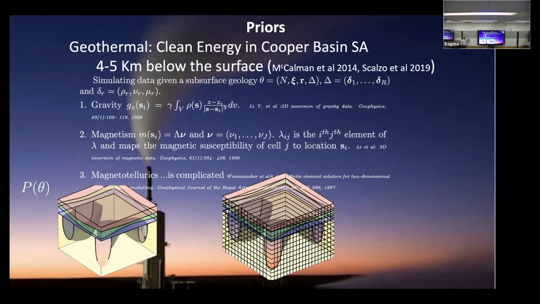This is why the rock properties, if we know that this is what it looks like, and if we divided it up, and here is the problem that I'm going to be talking a lot about, which is how we do this dividing up, then we could figure out, for example, what a gravity reading would be at the surface using a forward gravity model. And we could do the same with magnetism and magnetotellurics, right?